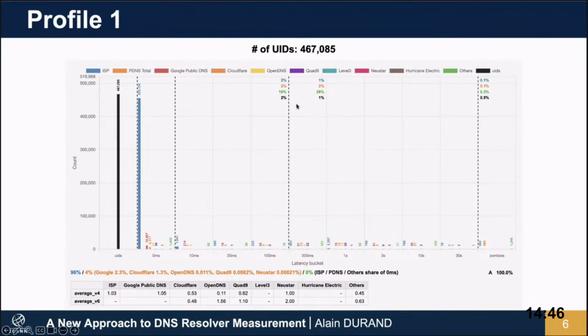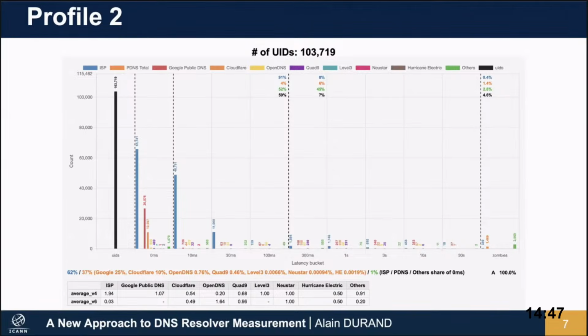And you see that zombies are 0, repeat on a packet drop 1%, repeat quickly 2%. So there's nothing to see here. It just works. It's just great. Let me show you another profile.